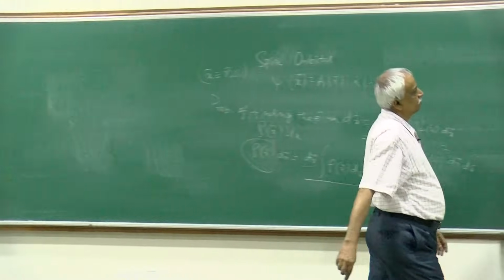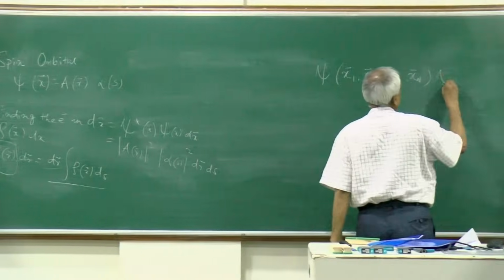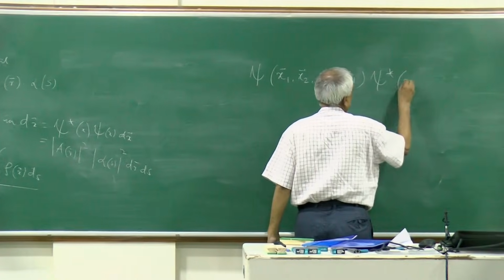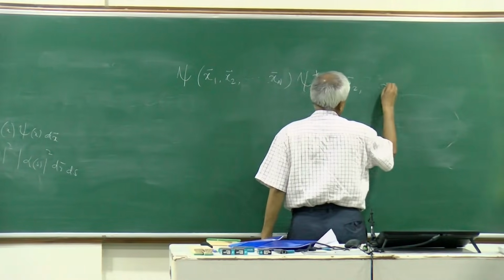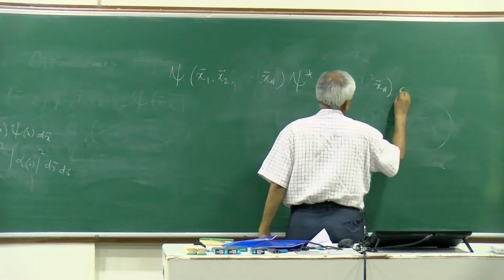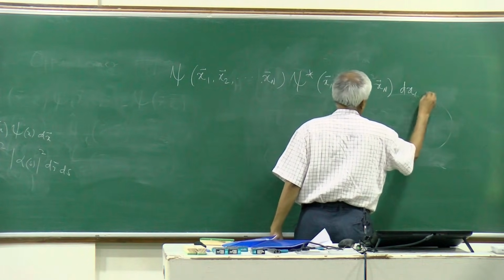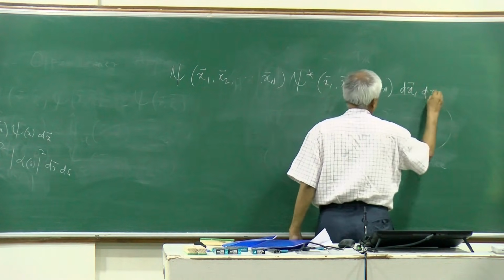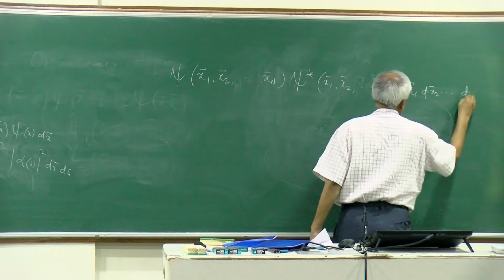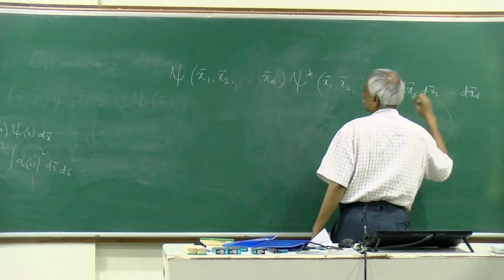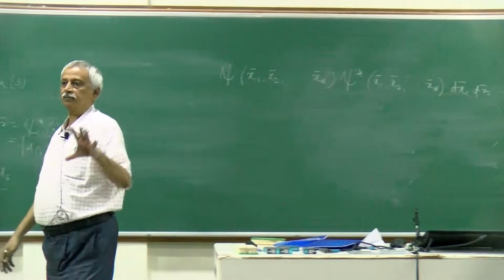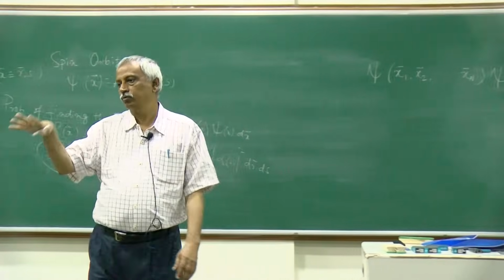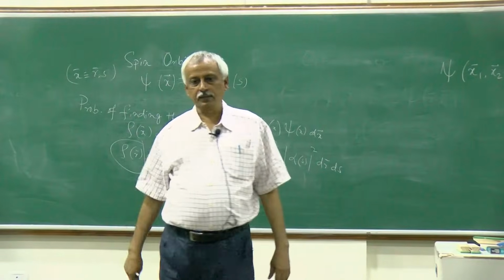This is psi(x1, x2, xn) psi star. So this is the probability of finding electron 1 in dx1, electron 2 in dx2, and up to electron n in dxn.